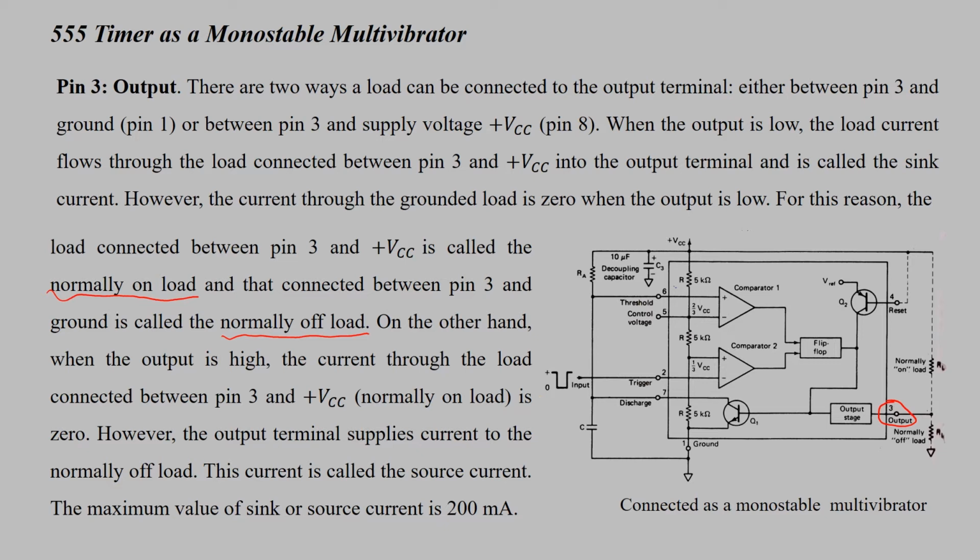However, the output terminal supplies current to the normally off load. This current is called the source current. The maximum value of sink or source current is 200 milliampere, as given in the data sheet.